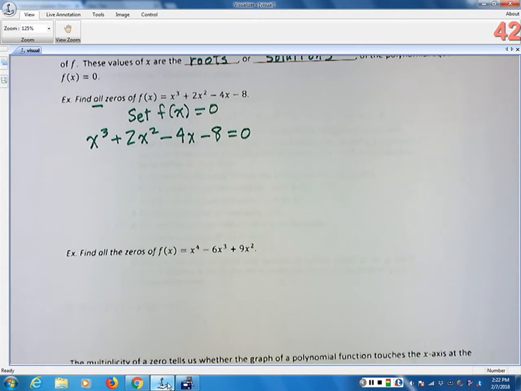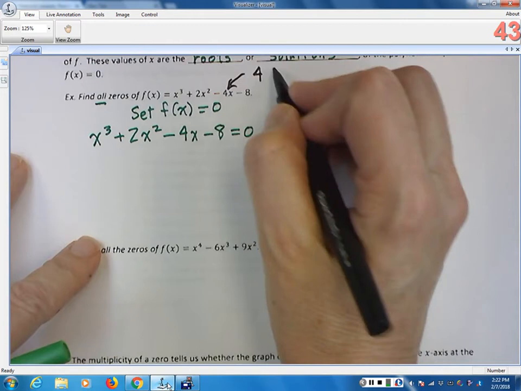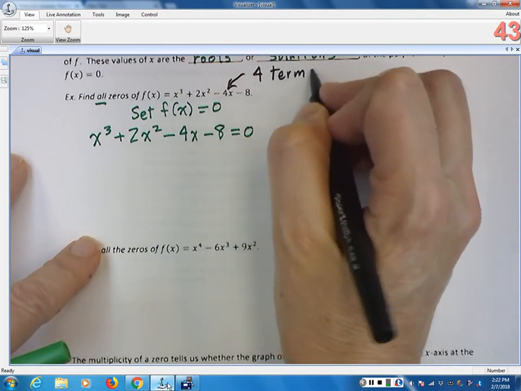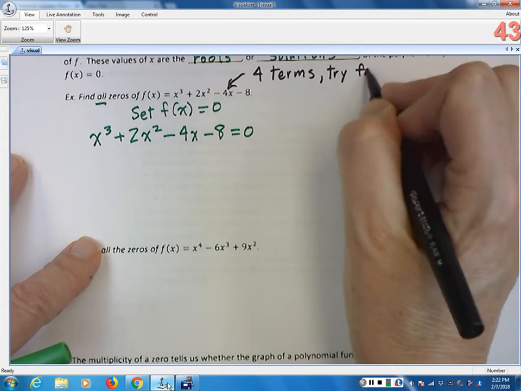And then if you see four terms in algebra, it usually works out that you want to factor by grouping. So we have four terms. Try factoring by grouping.